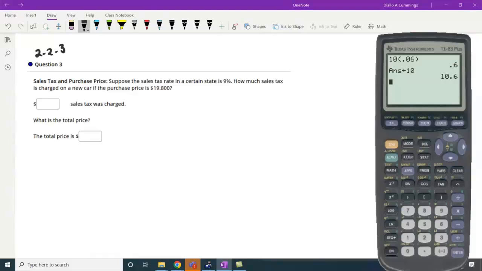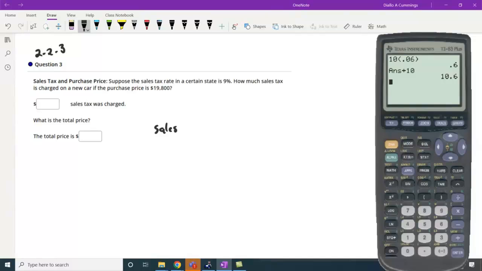Suppose the sales tax rate in a certain state is 9%. How much sales tax is charged on a new car if the purchase price is $19,800? All right. So the first part asks us to find the sales tax.